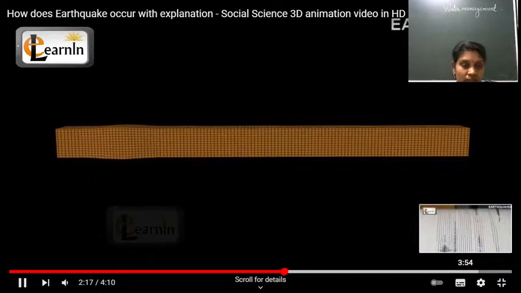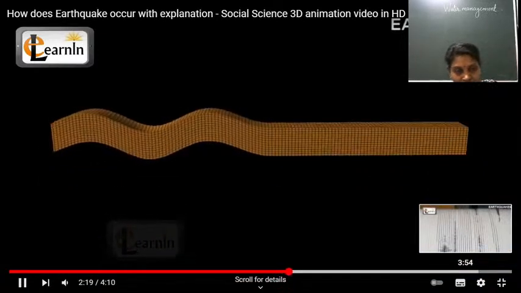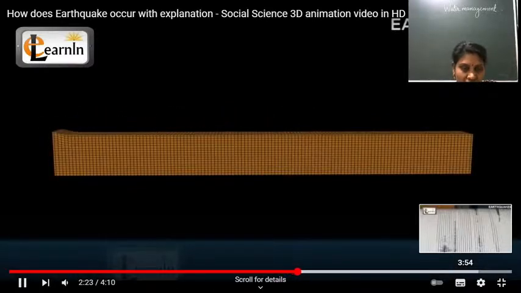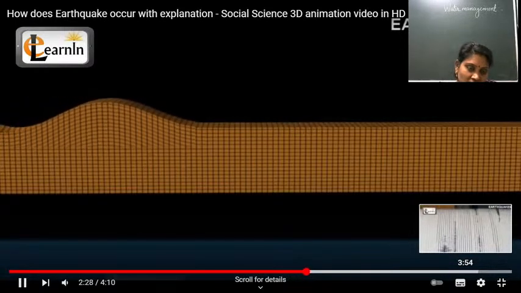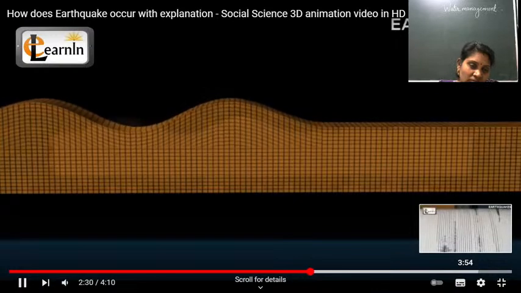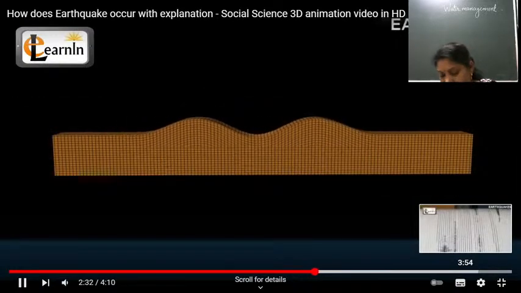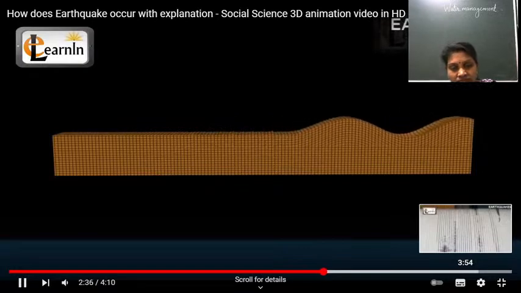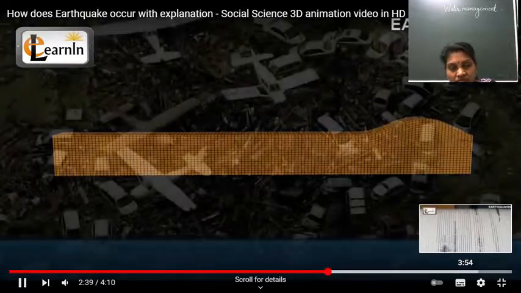When P and S reach the surface of the Earth, they get converted into L, long waves that travel along the surface, vibrating horizontally at right angles to the direction of the waves, called love waves or Rayleigh waves, as they also travel like sea waves.